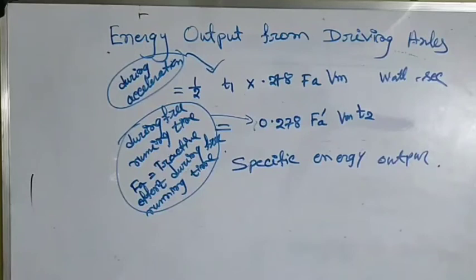The energy input to the motors is called energy consumption of the train, as it is the energy which is utilized for movement of the train, and specific energy consumption is defined as the energy consumed per ton meter.